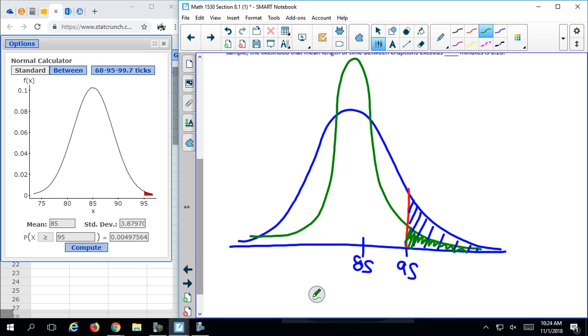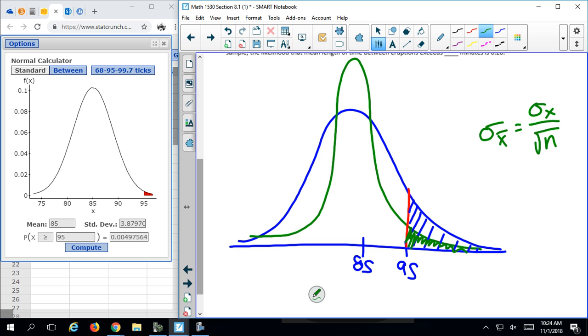This formula, you divide by the square root of n. So the bigger sample size you take, the bigger the denominator is going to be. That means the smaller this calculation is total. So as the sample size gets bigger, this standard deviation gets smaller. And it did, right? It went from 21 to 4.7 to 3.8, I think.